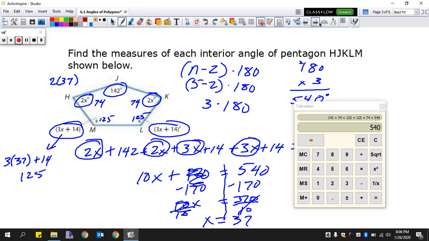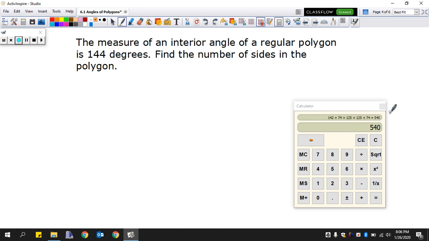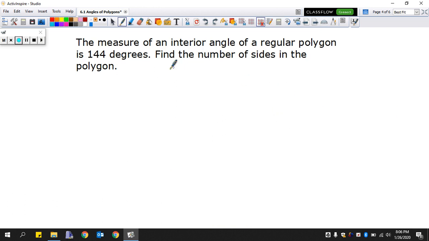Right. Here it says the measure of an interior angle of a regular polygon is 144 degrees. Find the number of sides in the polygon. All right.